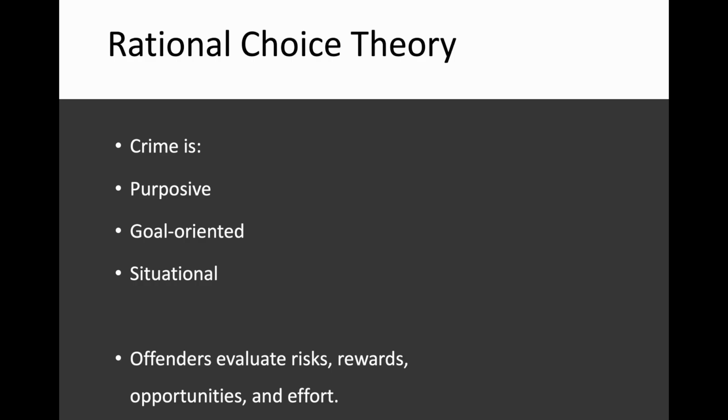The key point here is that offenders perceive some sort of benefit from the offending. At the same time, offenders also face potential costs, such as arrest, punishment, injury, retaliation, shame, social stigma, or failure. Crime occurs when the offender perceives the benefits as outweighing the risks and effort associated with the offense.